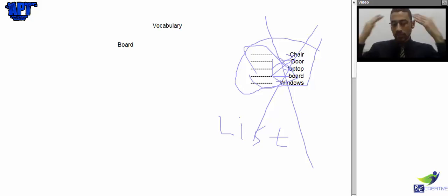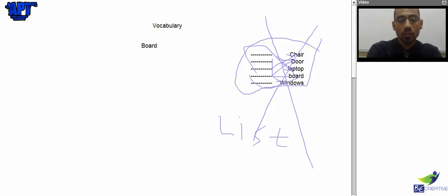The old method of learning was like this. I learned, for example, chair, and I learned the Arabic translation here. Then door, and the same thing. I go for the translation here.